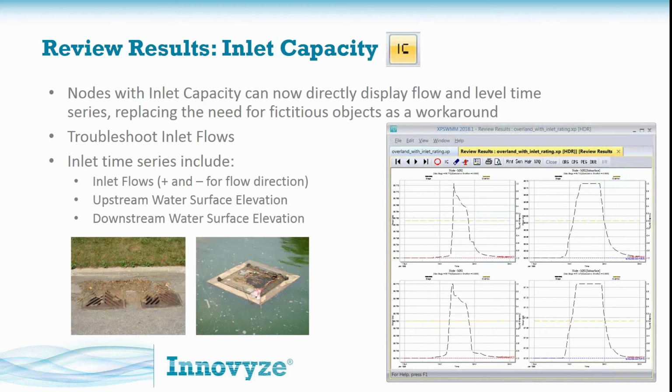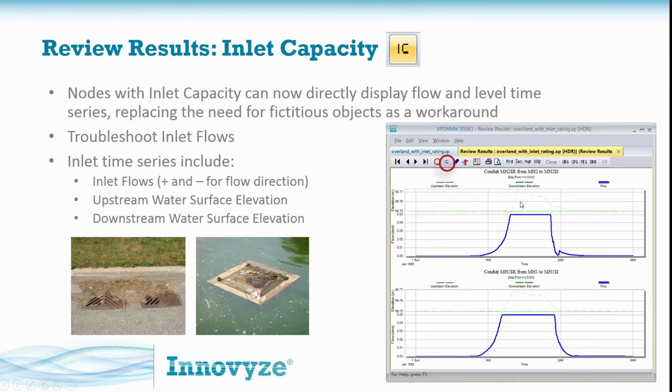So what we've done now, if you choose review results and you're in the hydraulics and you've grabbed some nodes and they are inlet nodes, you can just quickly choose the IC button and it will display the inlet capacity for the various nodes. For example, in this picture, I've got 2 inlet capacity nodes being shown with their upstream and downstream water surface elevations.